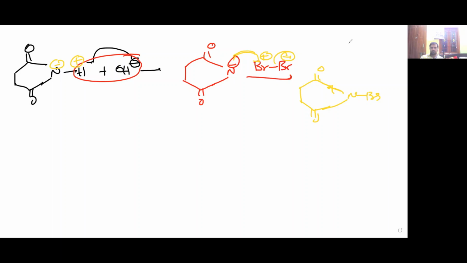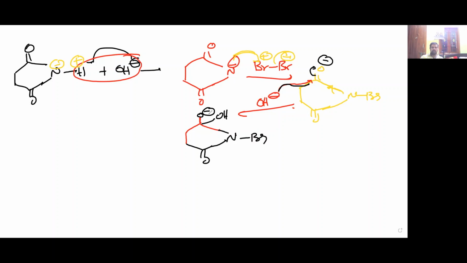So after this, what will happen? This is treated again with water. So water gives a nucleophilic addition reaction. So this is O minus, and here OH minus attacks. After that the bond shifted like this, O minus. So this is another way OH is connecting. This is NBr.